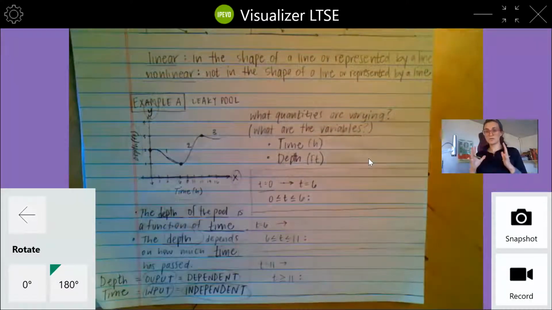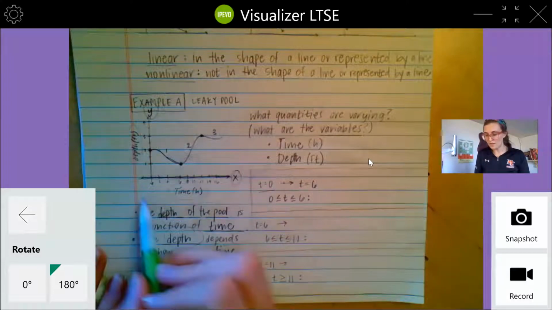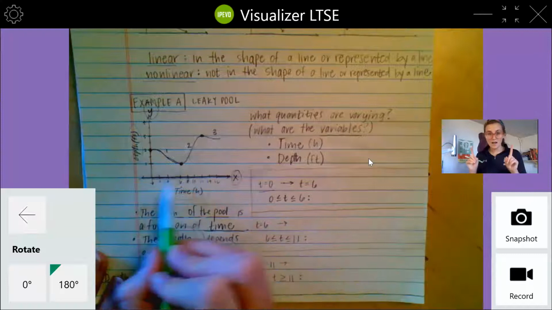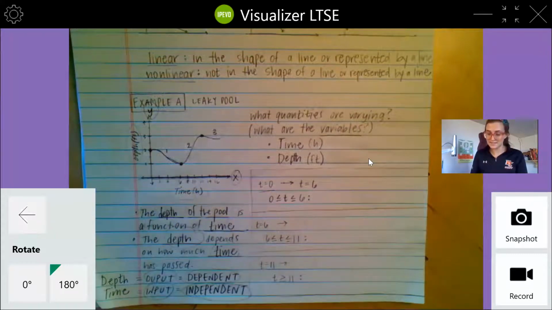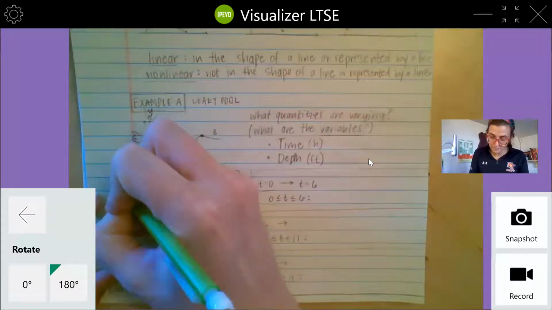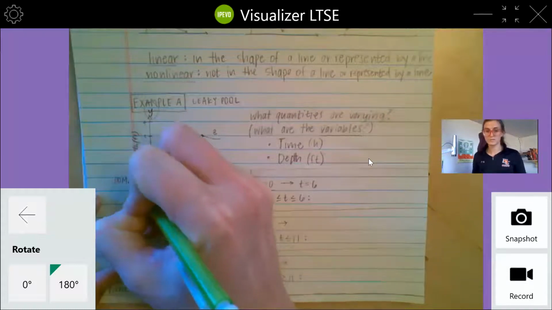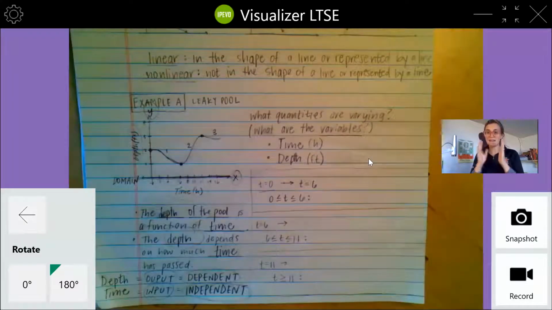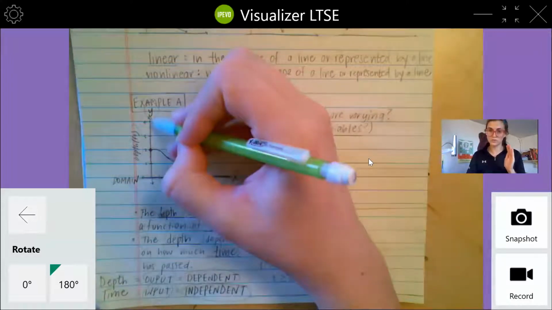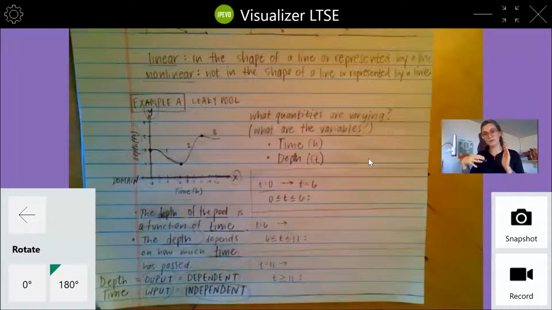So in an interval of time, I shouldn't say time, in an interval along the x-axis, another way to think about that is the domain. So in an interval of the domain, if the y values are changing up or down, that tells us if something is increasing or decreasing.